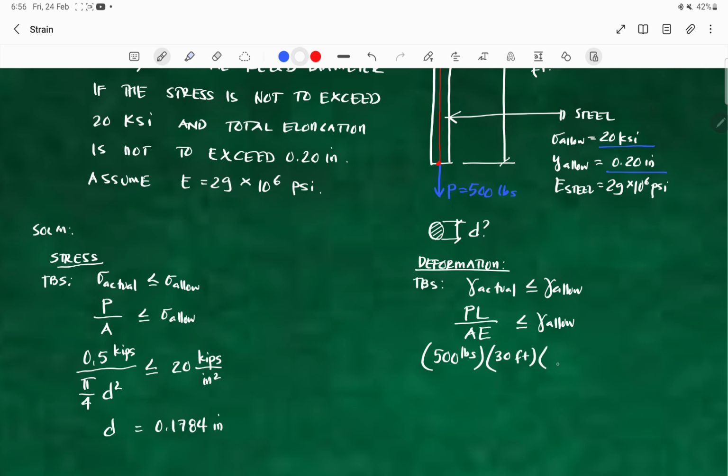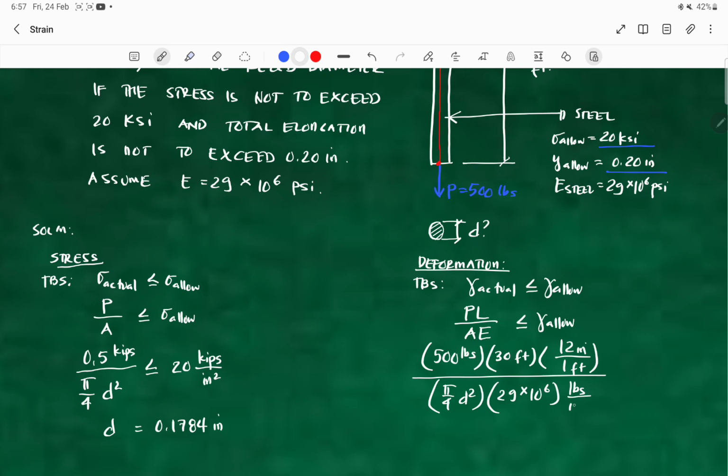So, convert lang natin into inch. We know that 12 inch is equivalent to 1 foot. And all over yung cross-sectional area, that is pi over 4 diameter squared. And then we have this E, which is 29,000 ksi, so 29 times 10 to the power of 6 psi.